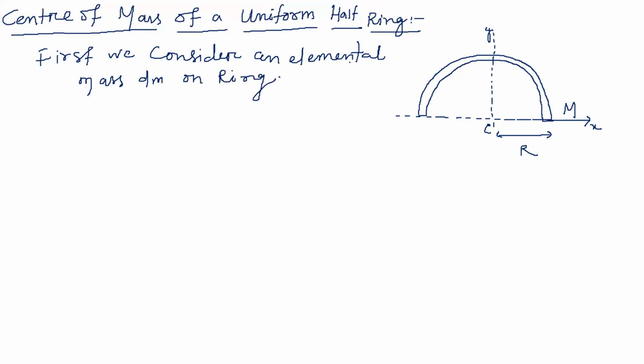That means let's take a small part here. Let this small part make an angle theta with the vertical, and let the small angle be d theta.